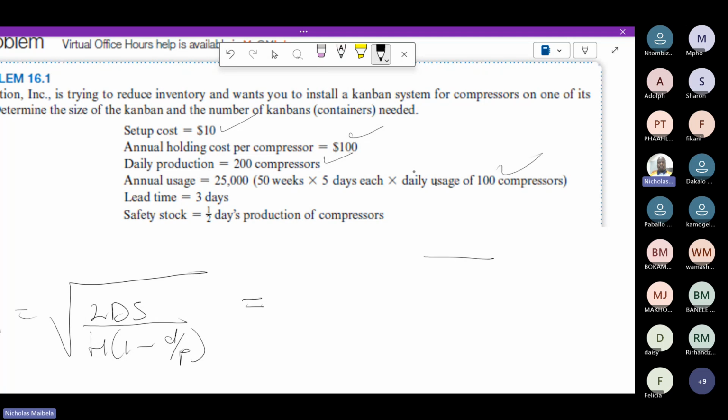This is your daily quantity target, daily demand, key. Lead time, key. Safety stock. Read, do not cram. You'll be in trouble. Half of what day of production days? Production of compressors, half of production compressors. So it's half of this.